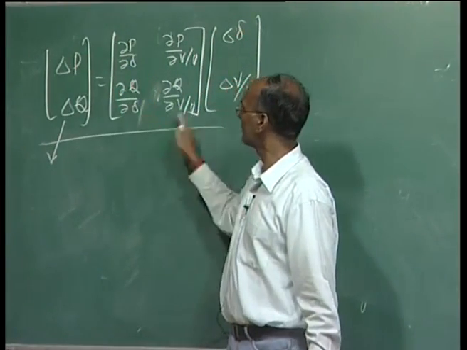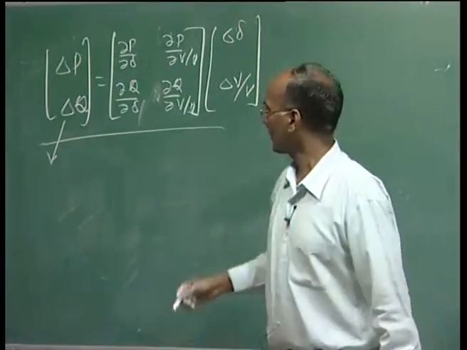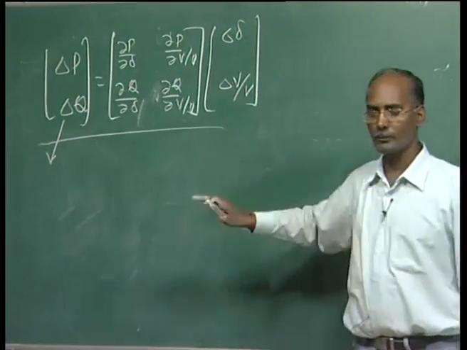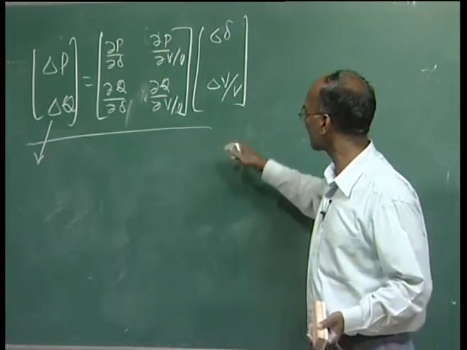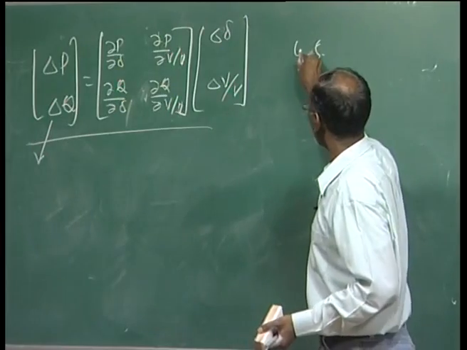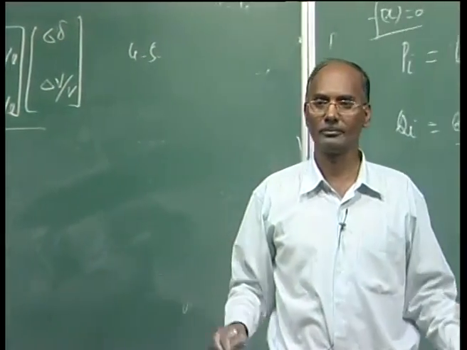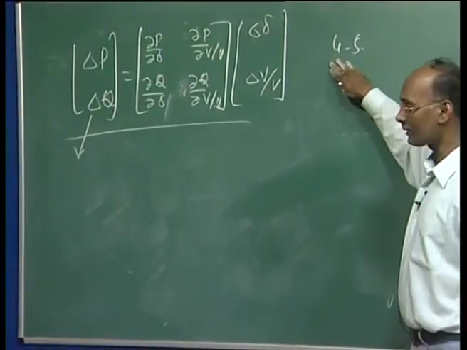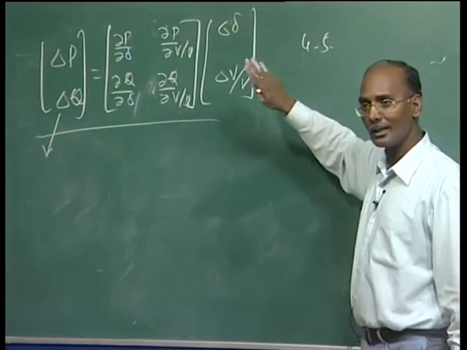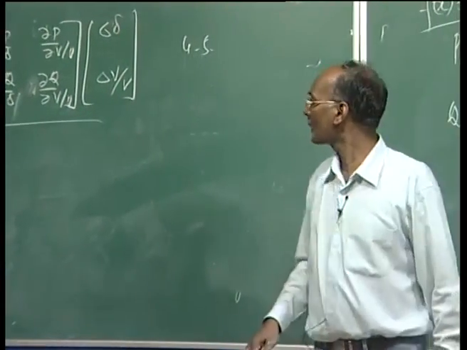So, the dimension of this matrix is very dynamic, but it is very powerful and normally used. It normally converges in 4 to 5 iterations only. If it is not converging in 4 to 5 iterations, it will not converge. It provides quadratic convergence, it is very fast, very reliable, and widely used for large power systems as well.